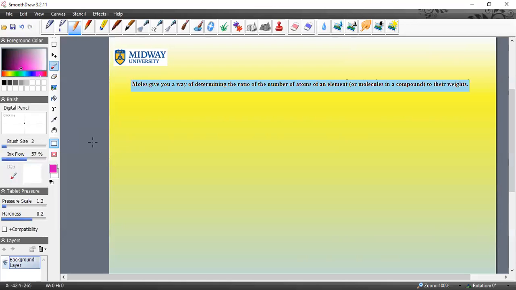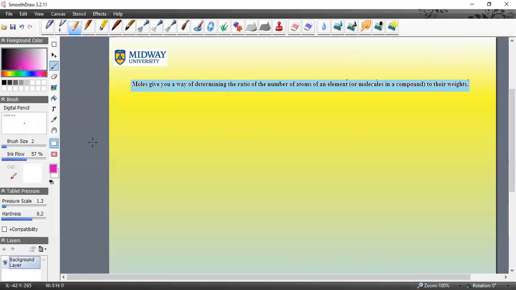That means every element would have the same atomic makeup. That is, every element would contain the same number of atoms. But that's not the case. Every element has a different atomic or molar mass, which indicates that the number of atoms present in every element is different.